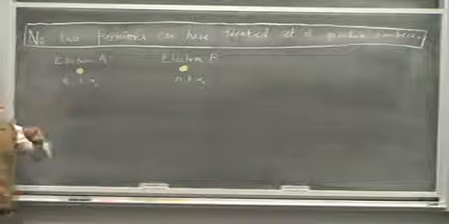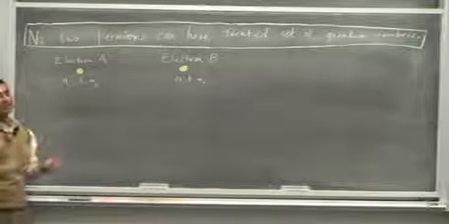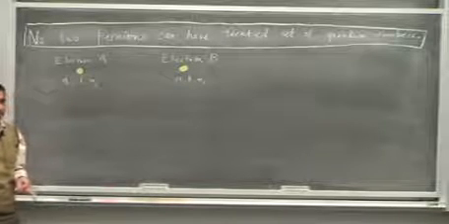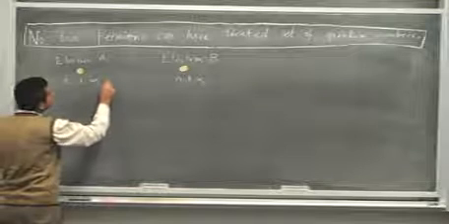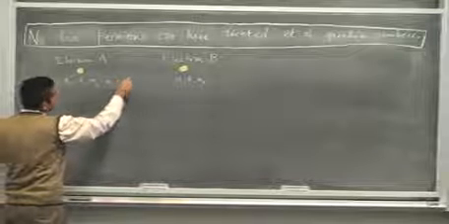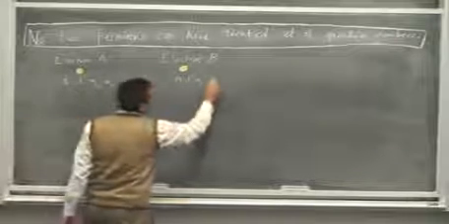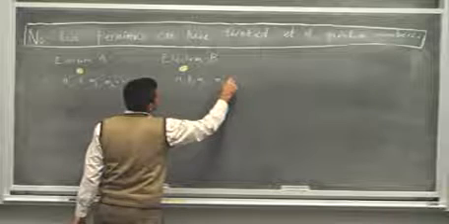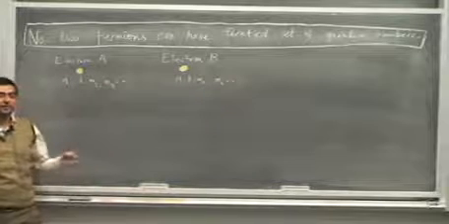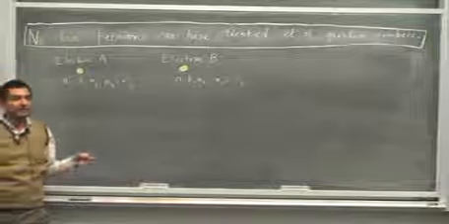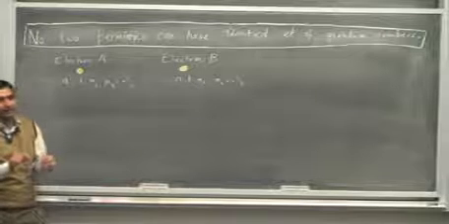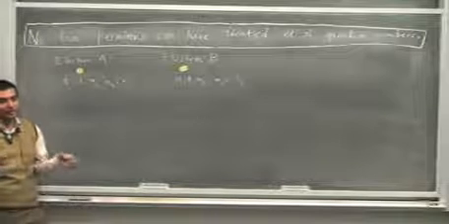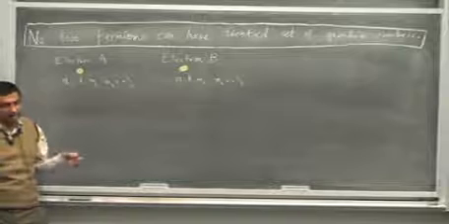Therefore, according to the Pauli's exclusion principle, the fourth quantum number must be different. So if one of these electrons has ms plus half, the other electron must have an ms of minus half. This is the only possible way of collecting these electrons into the same energy level.